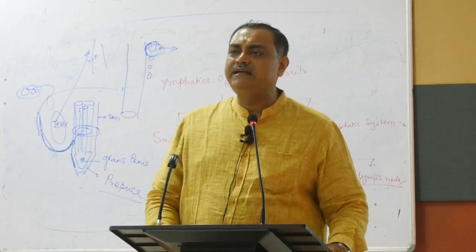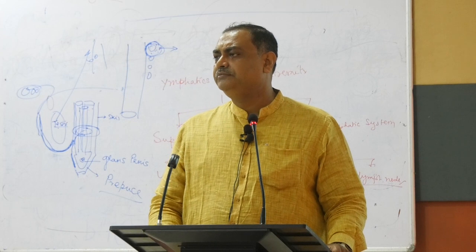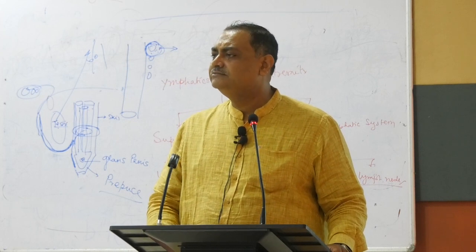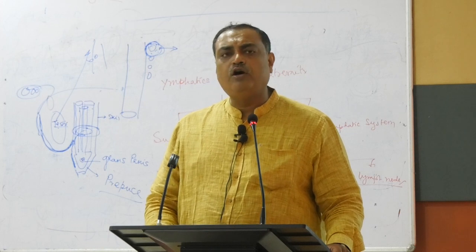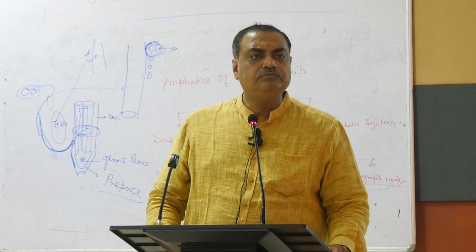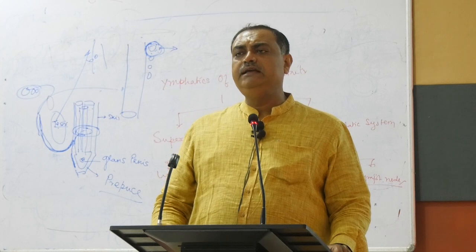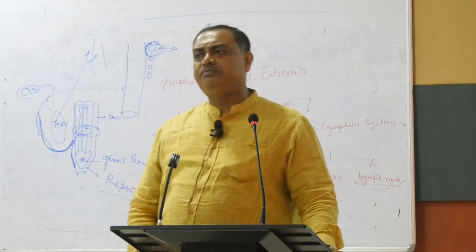Now, if you mutate the serine residue, what will happen? This will not function as a protease. If you block the serine residue, how? There is a compound called DIPF, diisopropyl phosphofluoridate.